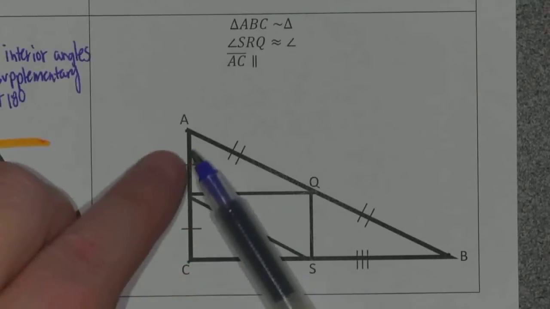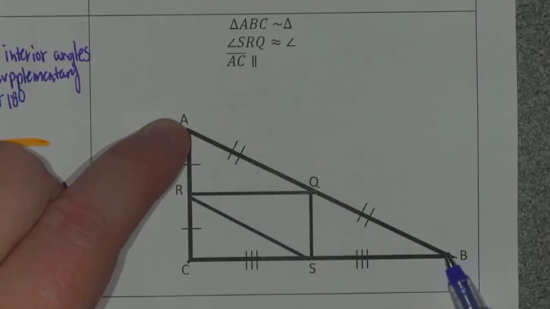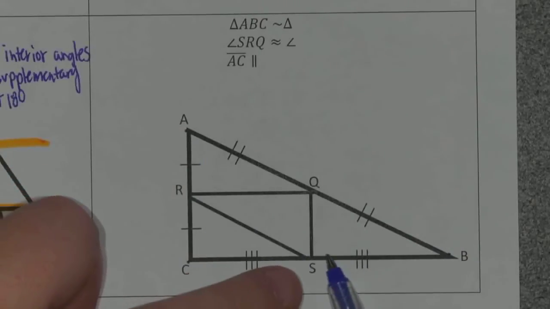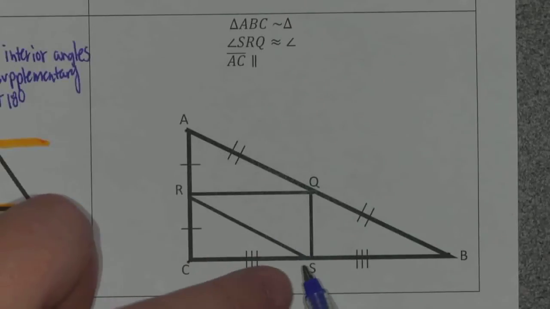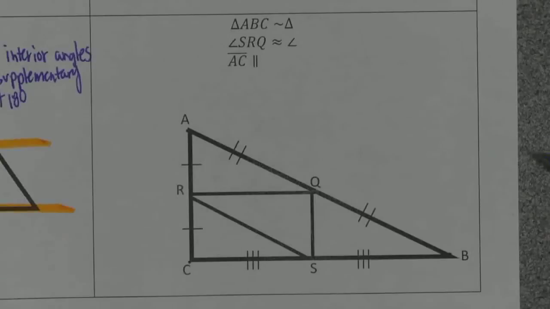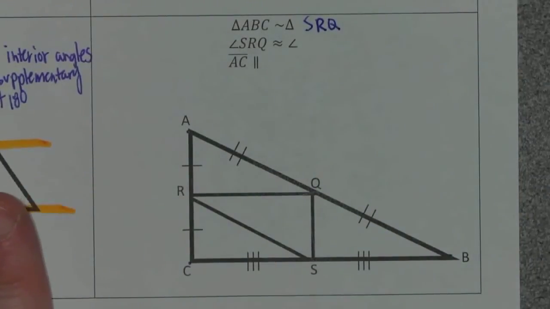Because we went A to B, so down the hypotenuse, right? Then we did the long side, and then we did the short side. So we have to go hypotenuse, long side, short side. So what does that start with? What letter? There we go. So you do have to do it in the same order that the first triangle is written in. Does that make sense to everybody?